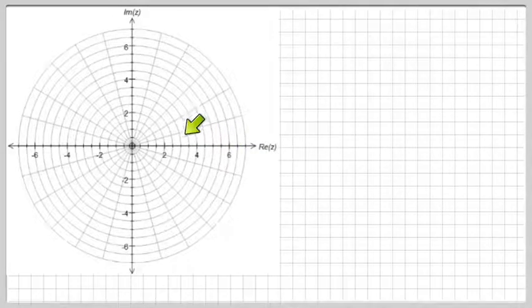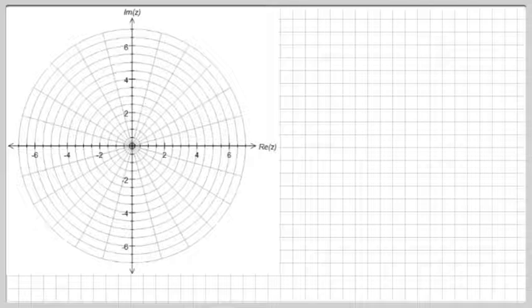These radial lines denote separations of pi on 12 radians, so there are 6 of those in a quadrant to make up 6 pi on 12 or pi on 2. So that's pi on 12, that's 2 pi on 12 or pi on 6, that's 3 pi on 12 or pi on 4, that's 4 pi on 12, which is pi on 3. Get it? And then this one's just 5 pi on 12, and there we have it.